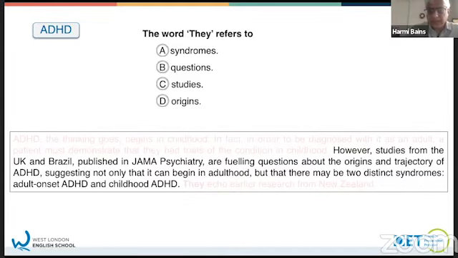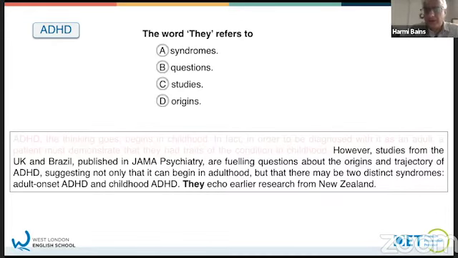And these studies, they found out that with ADHD, there are two different types. There are adult onset ADHD and also childhood ADHD as well. So there are two different types of ADHD. And then this sentence, of course, it's important. They echo earlier research. Well, what is echoing earlier research?